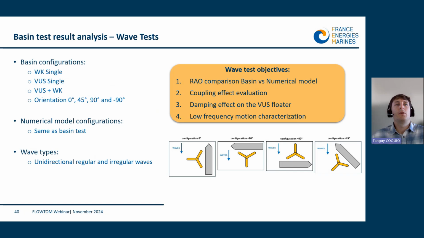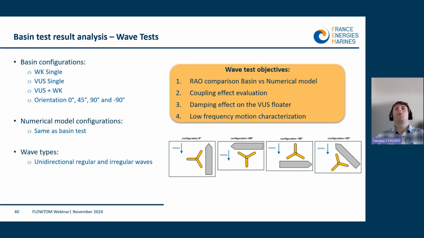For the numerical model configuration, we will look at the same as the basin test, but with tuned parameters, as I said, for the vessel. For the wave types, we are looking at unidirectional waves, so no spreading in the direction, and we are looking at both regular and irregular sets of waves.